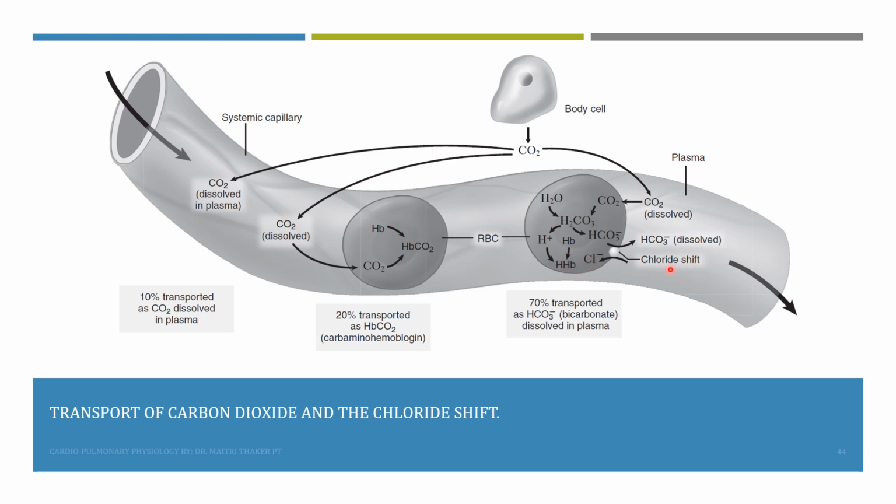That is known as chloride shift. This whole process happens at tissue level, at your cellular level, and the maximum amount of carbon dioxide, around 70%, is transported in this way.